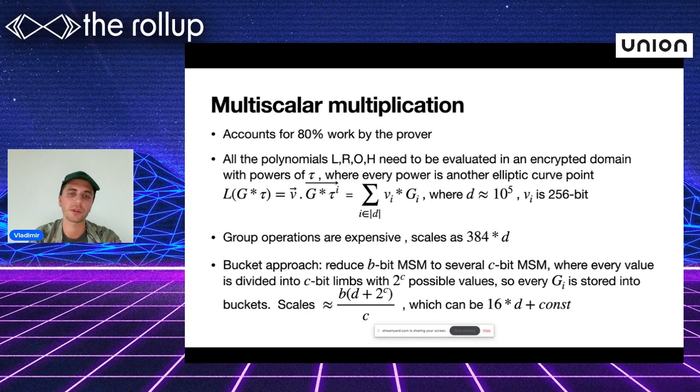There are certain approaches that can be adopted, and one of the most popular is the so-called bucket adding approach, where you basically divide your 256-bit numbers into lower-bit limbs, like 13 or 16 bits or something like that. Then you create so-called buckets, where every limb has only 2 to the power c possible values.